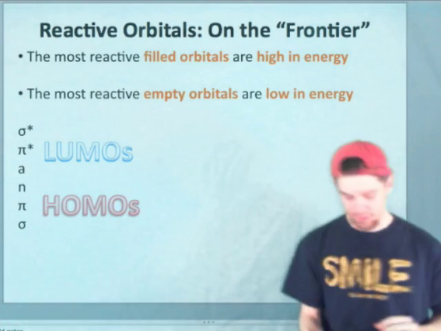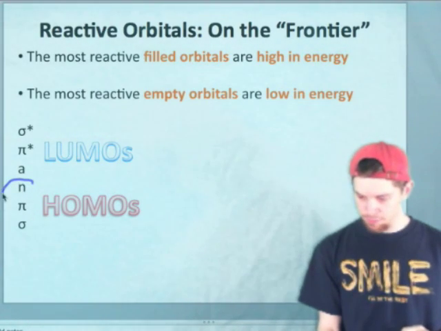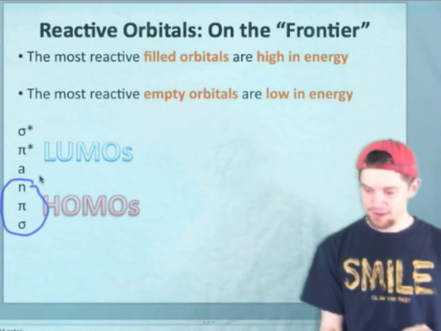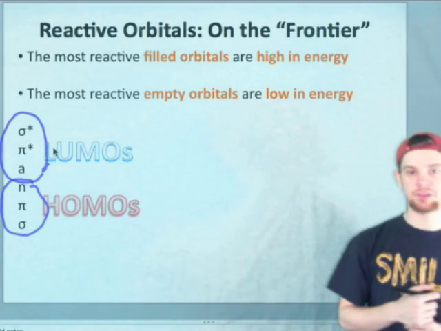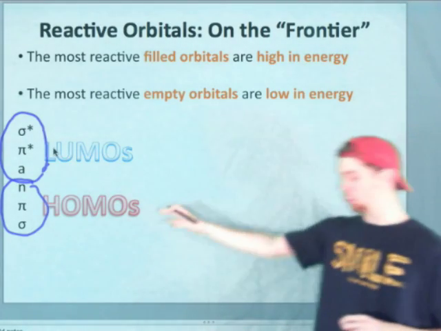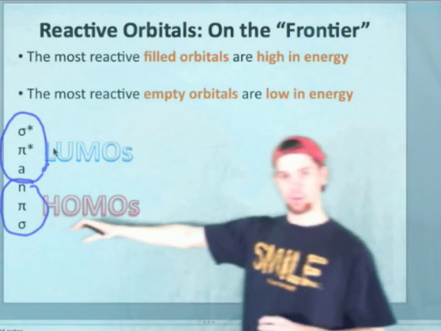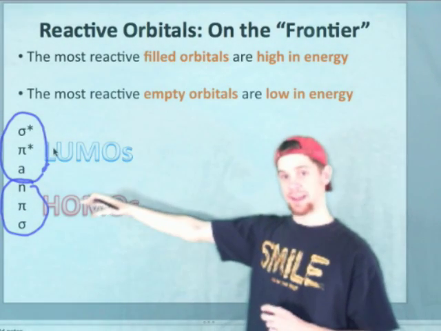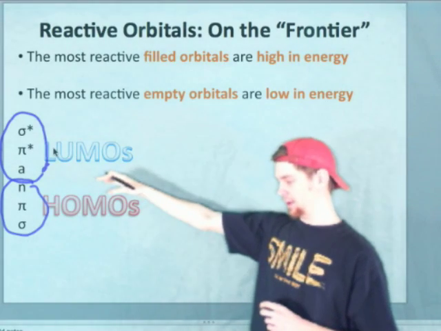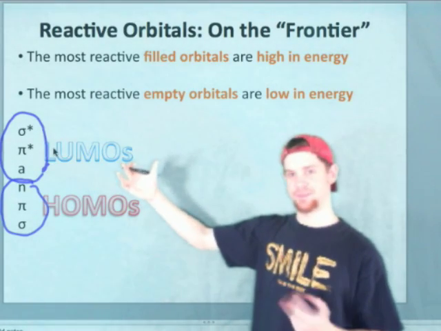Now what you're going to see is that the filled orbitals can act as HOMOs, the N, the pi, and the sigma, and the empty orbitals can act as LUMOs, the A, the pi star, and the sigma star. The reason they're given in this order is that this is an order you should commit to memory. Sigma orbitals are the lowest in energy, pi orbitals are the second lowest, and then N orbitals are the third lowest, or the highest energy filled orbitals.